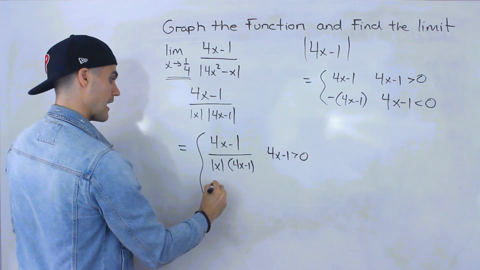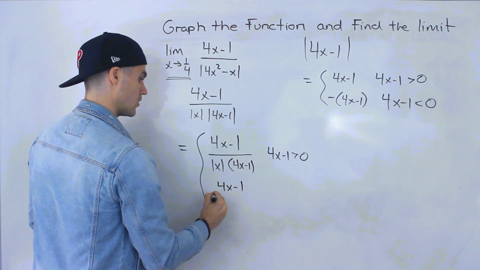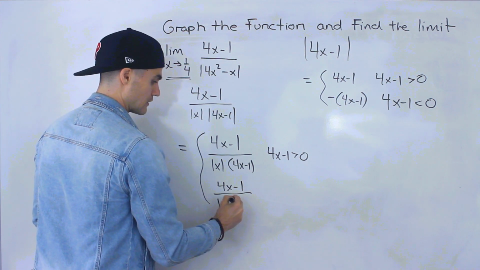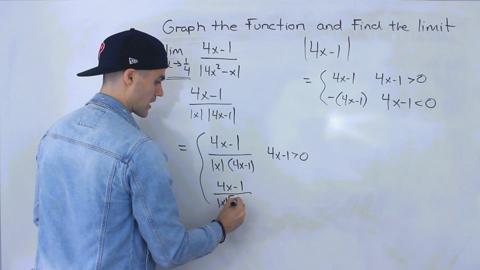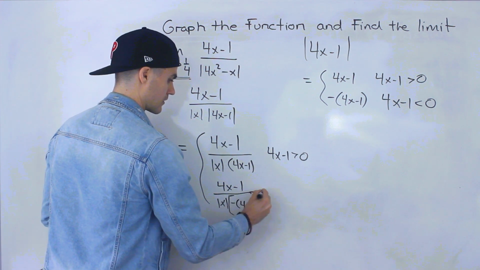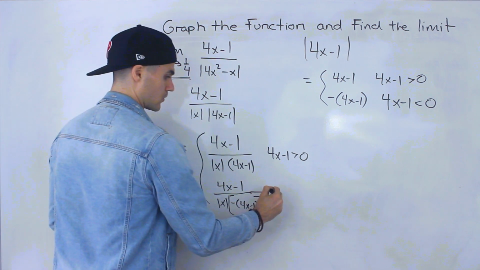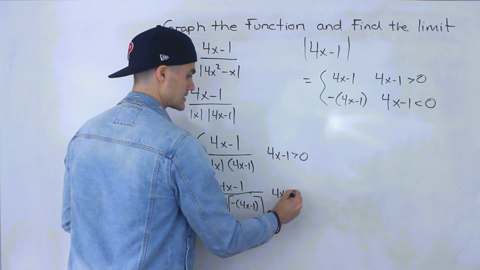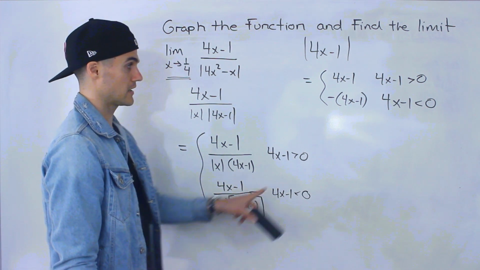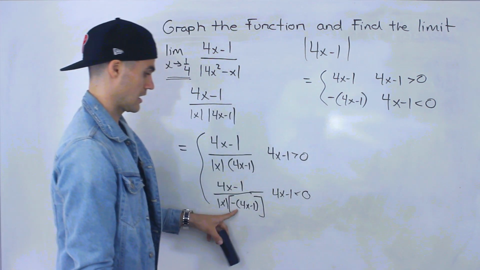And then we're going to have 4x minus 1 over absolute value of x, and then we'll have a negative. Let's put this in a square bracket, like that, when this 4x minus 1 is less than 0. When it's negative, we're going to be multiplying it by -1. So I just took this and put it here.